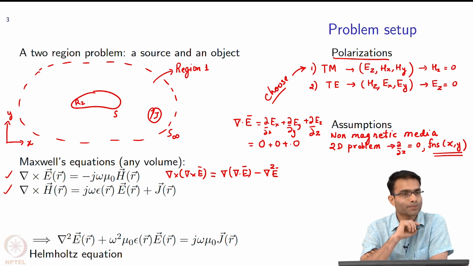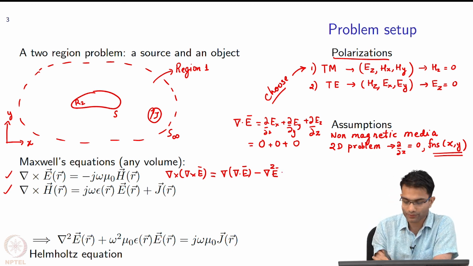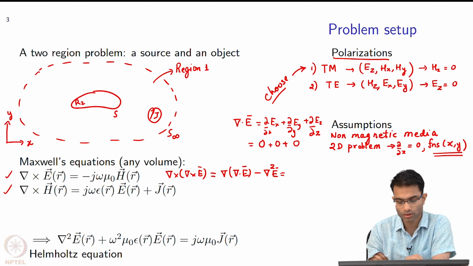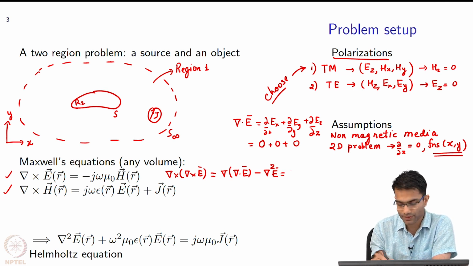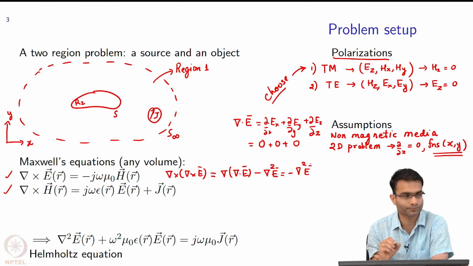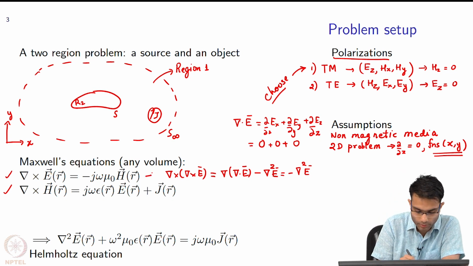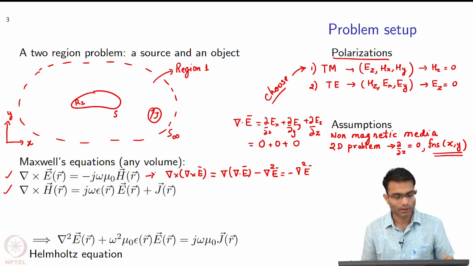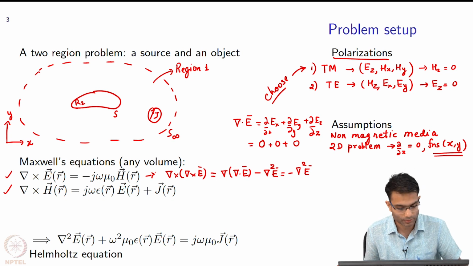That is great for us, because what happens to this curl of curl of E that I have written over here? Only one term survives. The divergence of E goes to 0. So I have a minus del squared E. Now I can substitute this.